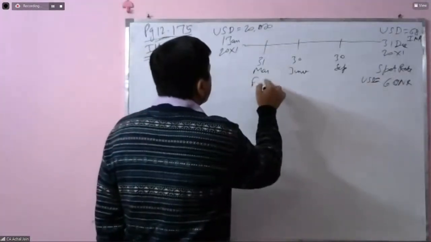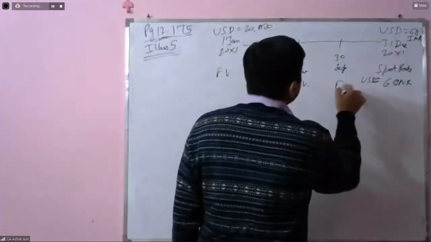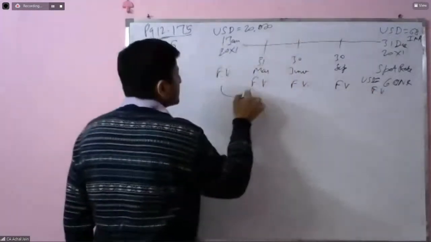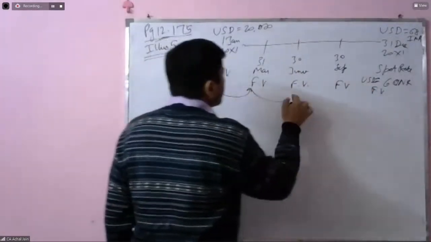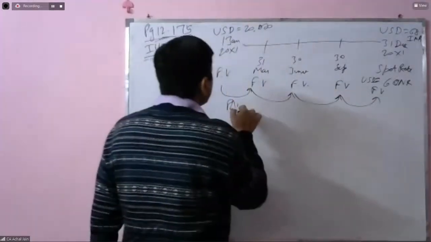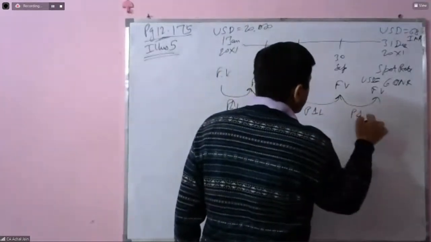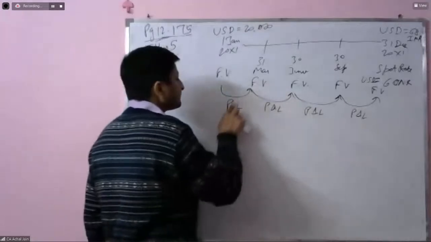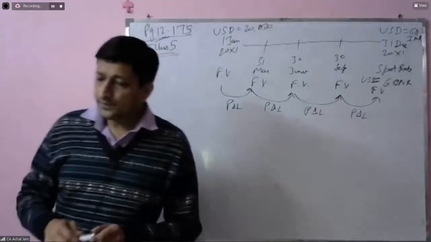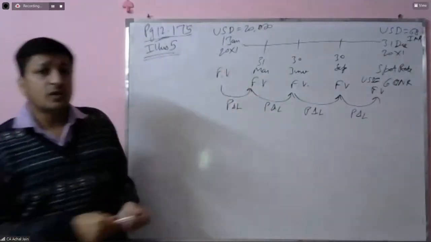So this will be measured at fair value, and the changes in the fair valuation will keep going to P&L. Every time there is a change in fair valuation, it will go to P&L. Correct? Okay. So let's begin with 1st January 20X1.